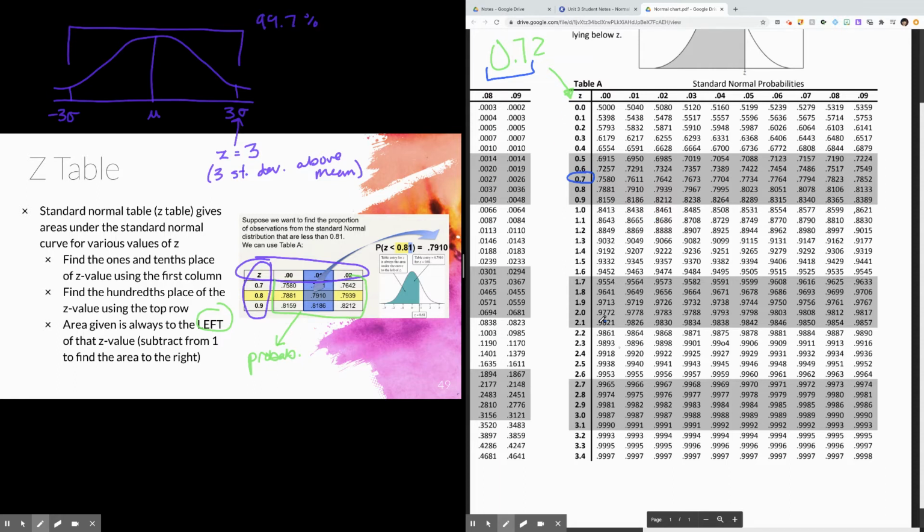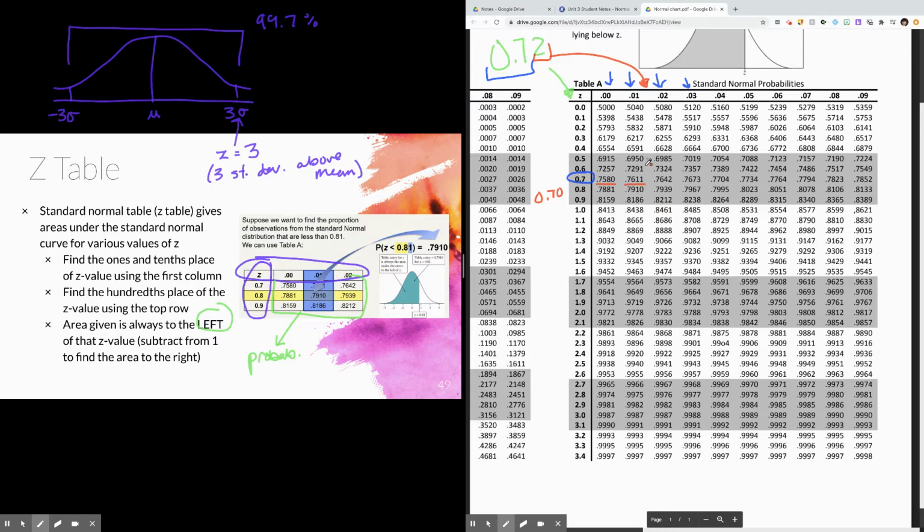And in that row, you'll see there are 10 different probabilities, one for every hundredths place that is possible for 0.7. This part comes from this top row. So this value here, 0.7580, is the probability associated with z equals 0.70.